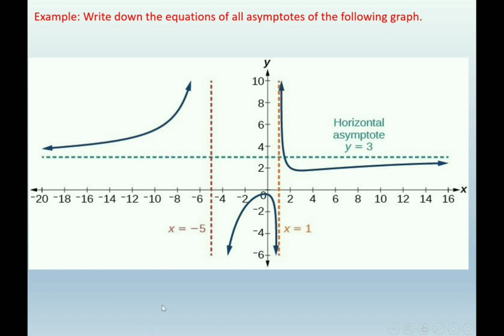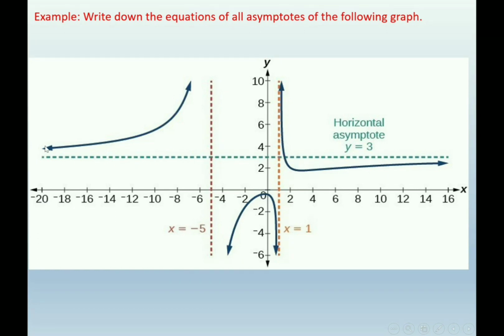The other one is x equals minus 5, a vertical asymptote. So we may have two vertical asymptotes. You can also have a horizontal asymptote, which is at y equals 3.